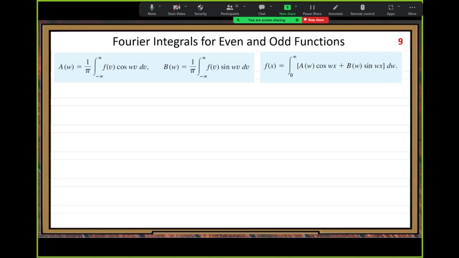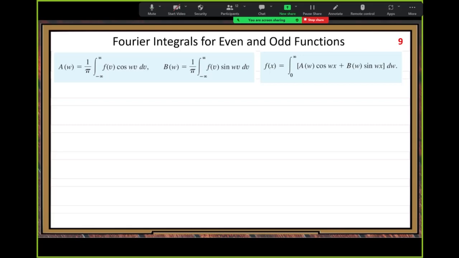So I copy these formulas and put them here. Now we consider the special cases: first case, even function; second case, odd function, and we want to simplify the representation of this general formula. Typically, for an even function, one term is gone. For an odd function, another term is gone. That's the simplification. But let's look at the detail a little bit.